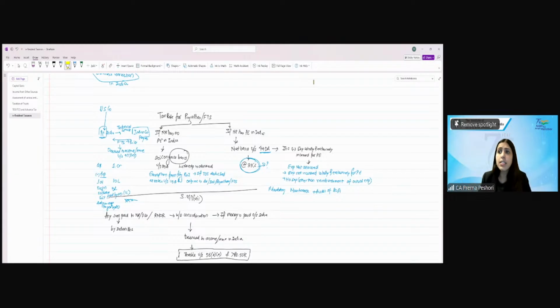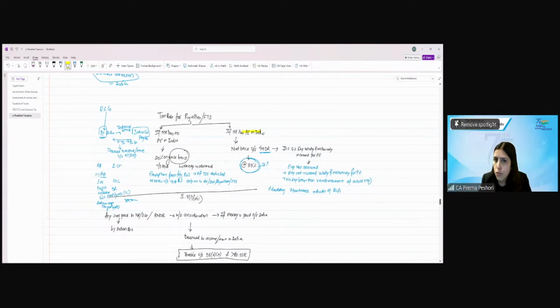But if a non-resident has a branch, office, permanent establishment in India, then it will be taxable on a net basis, meaning the revenue minus the expenditure, at the rate which is applicable to the foreign company. What is the rate applicable to a foreign company? 35%. Are we clear? So you will get the deduction of expenditure.